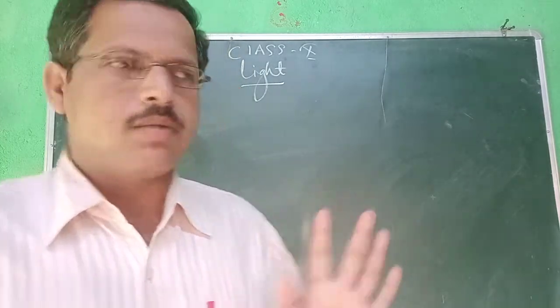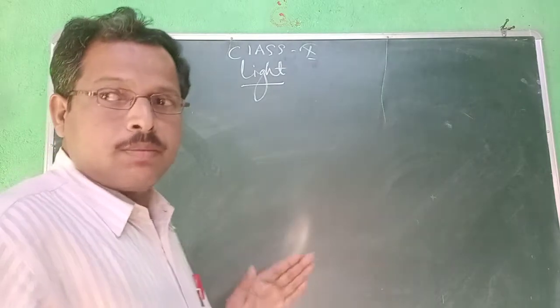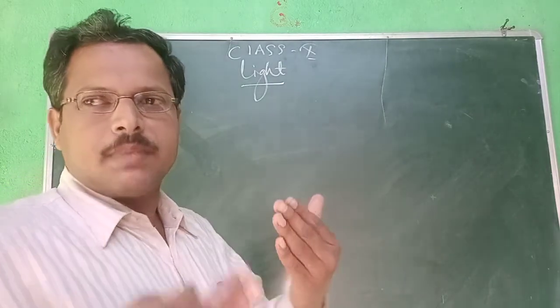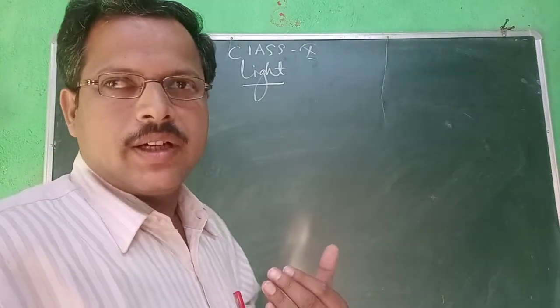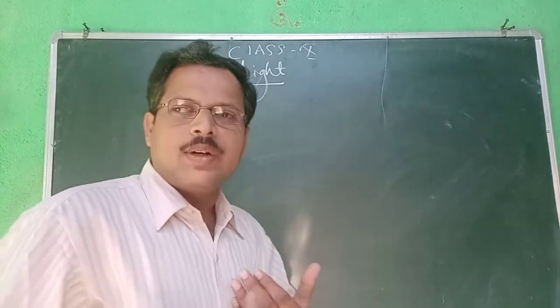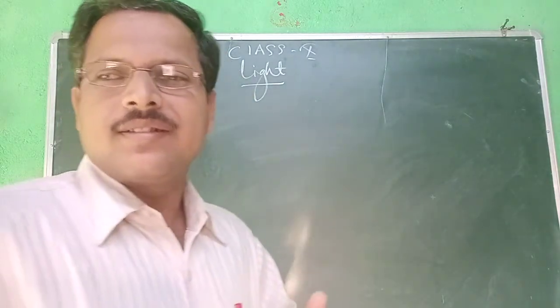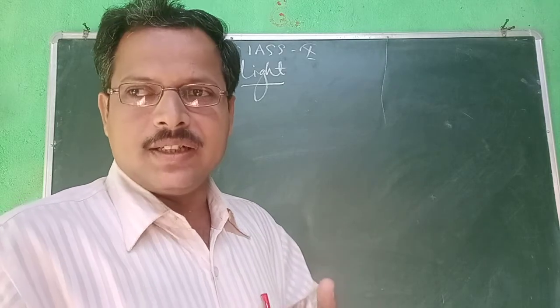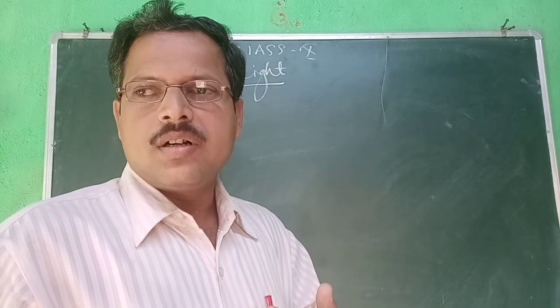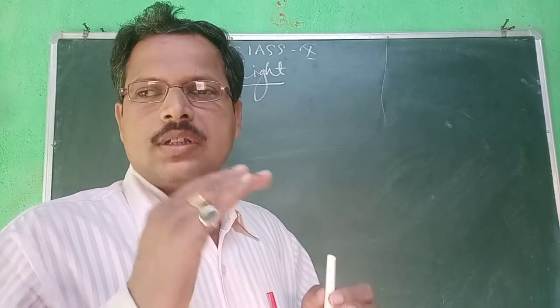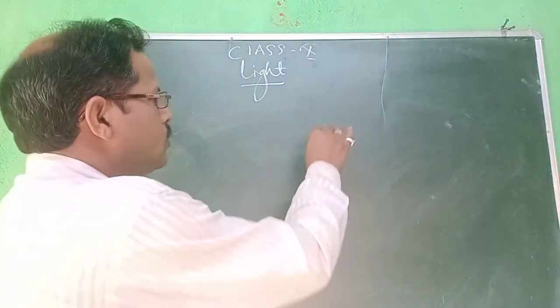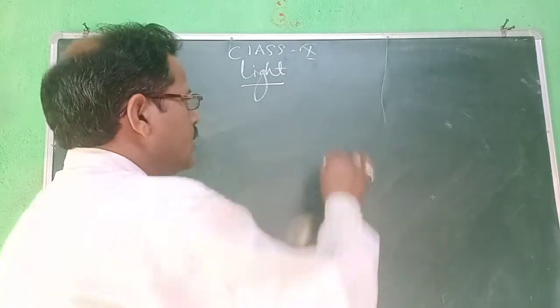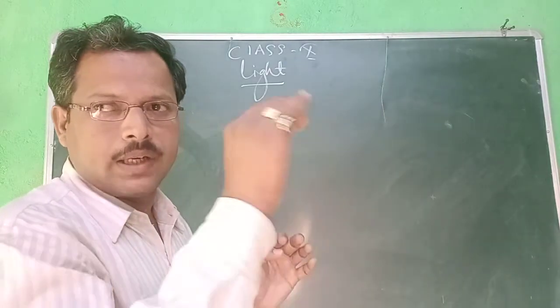As you know, in a convex mirror the reflecting part is bulging, whereas in a concave mirror it is bent in, hollow.